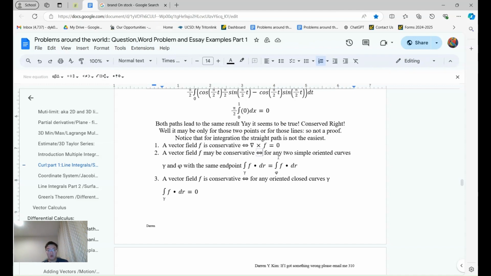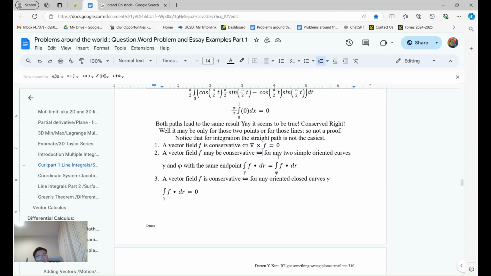So if you have two integrals going like this and this, going to the same endpoints, and you don't get the same integral, that is not conservative. But if you get the same end value after you complete the integral, it has to be the same. If it's not, then we have a problem, so it's not conservative.